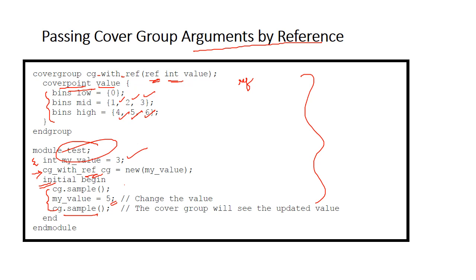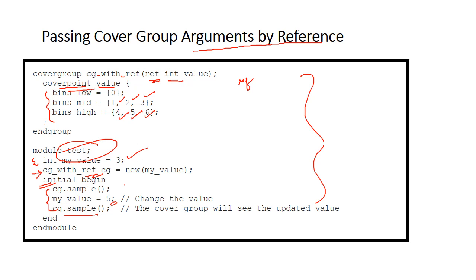So let us see stepwise how this code is going to work. Here at the start we have a cover group definition. In this case the cover group definition is something like this: cg_with_reference.